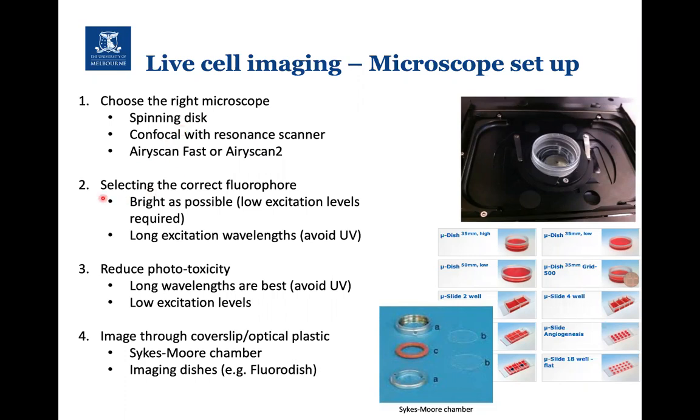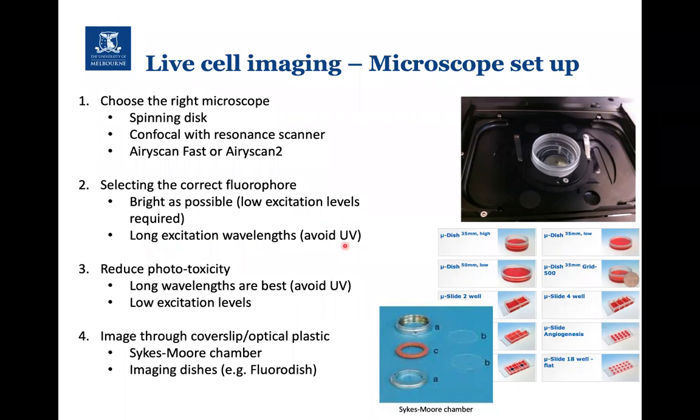Next thing is to select the correct fluorophore. So you want them as bright as possible, so you can keep your excitation levels as low as possible. And you probably want to focus more on the longer excitation wavelengths, so green, red, far red. Normally, I would suggest not putting things like DAPI or Hoechst into your live cell experiments because you're exciting with an ultraviolet light.